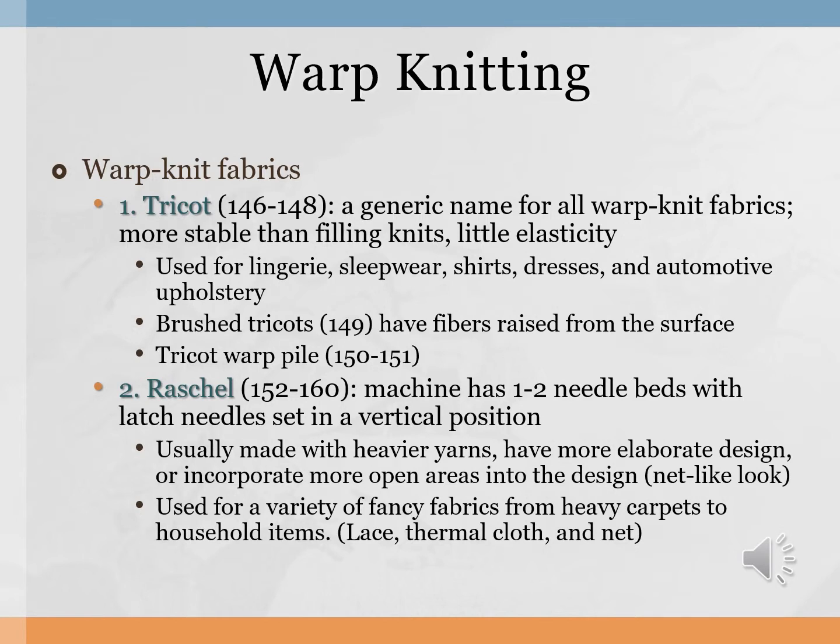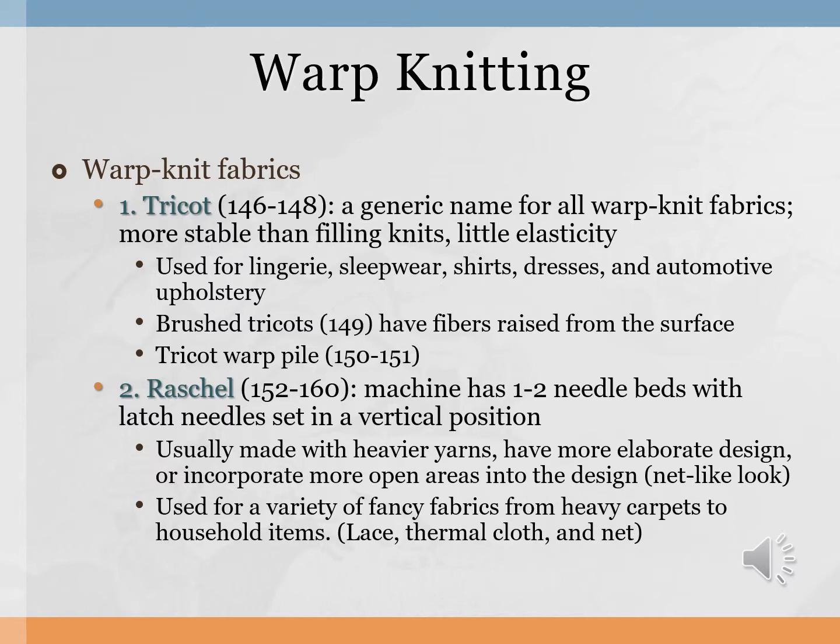Within the category of warp knitting, there are two basic types, the first being tricot, the second being Rochelle. Tricot is an interesting story because this was a machine developed in 1775 in England, called a tricot machine. It's sometimes called a warp loom because it uses one or more sets of yarns wound on warp beams and mounted on the knitting machine. Tricot has been around for quite some time, and it now is a generic name for all warp knit fabrics, which tend to be more stable than filling knits, with very little elasticity.